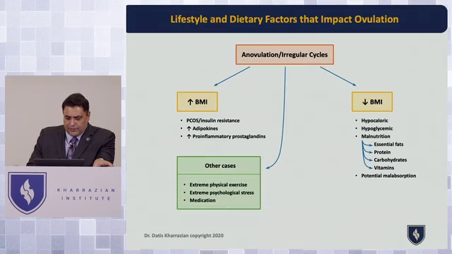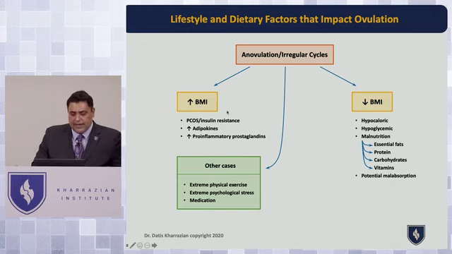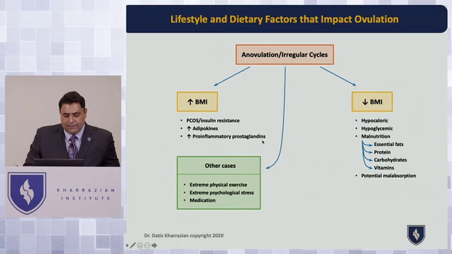Now, there's a section in your notes on dietary, nutrition, and lifestyle for ovulation for females that don't have regular cycles. So we talked about two types of BMI pathways. They both impact menstrual cycles. Increased BMI, you have this PCOS insulin resistance pattern, high adipokines, high inflammatory prostaglandins, and then low BMI, low calorie, malnutrition.